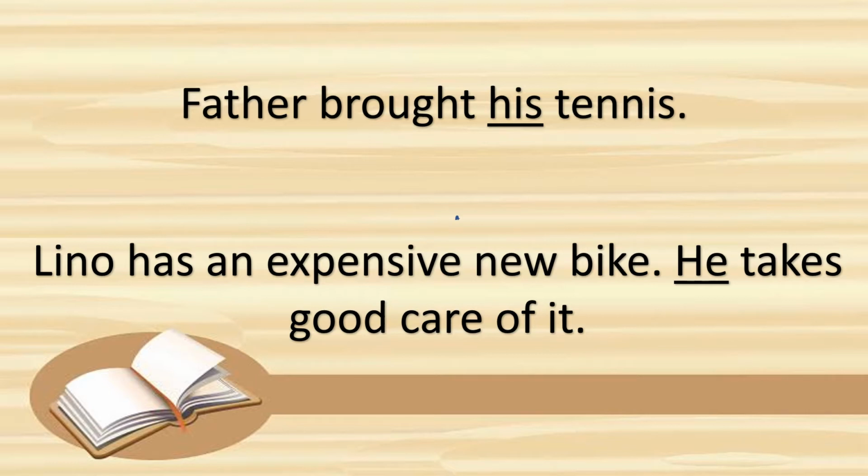By the way, another term for takes place is replace or substitute. So let us now focus on number 1. Father brought his tennis. You have said that "his" is our pronoun because it replaces our noun, father. Very good. Now the second sentence: Lino has an expensive new bike. He takes good care of it.